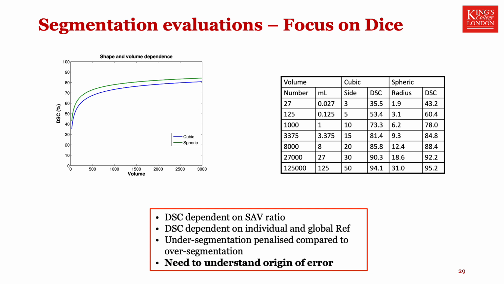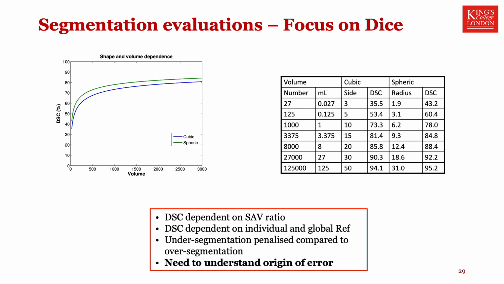And so here in the table is basically the associated dice with respect to the cubic or spheric shape. You need to remember that the dice score is dependent on the surface area to volume ratio, is dependent on the global reference, and that under-segmentation is massively penalized compared to over-segmentation.